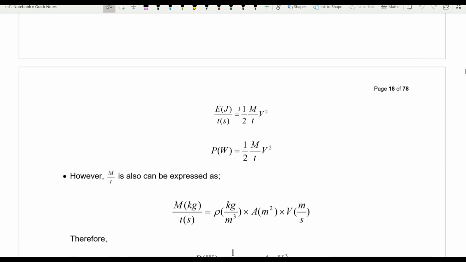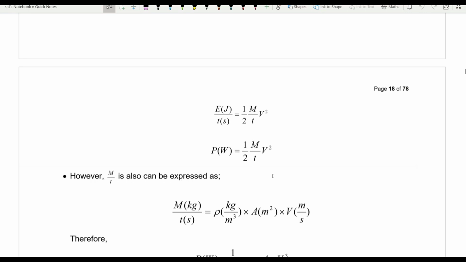Then we divide by the period of time: E over T equals 1 over 2 m over T v squared. So E over T equals power, equals 1 over 2 m over T v squared.